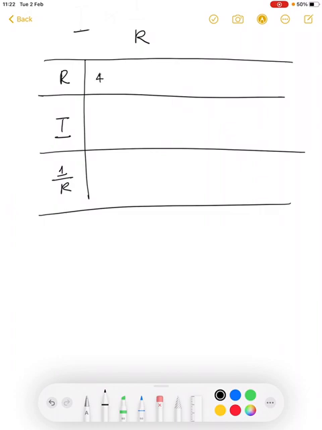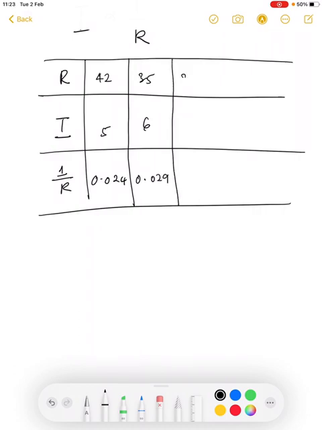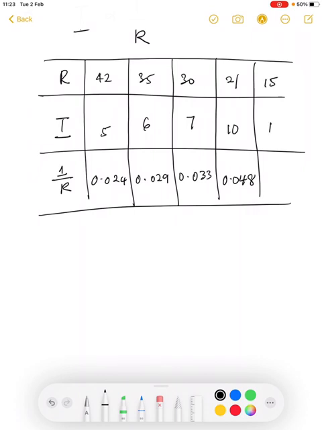Start with 42, 5, 1 over 42 is 0.024, then 35, 6, 1 over 35 is 0.029, 30, 7, 1 over 30 is 0.033, 21, 10, 1 over 21 is 0.048, and lastly 15 and 14, 1 over 15 is 0.067.